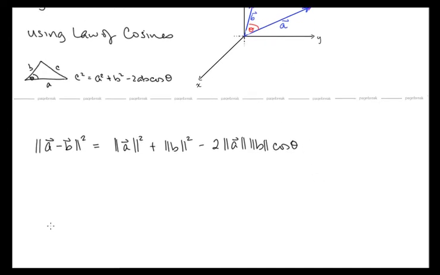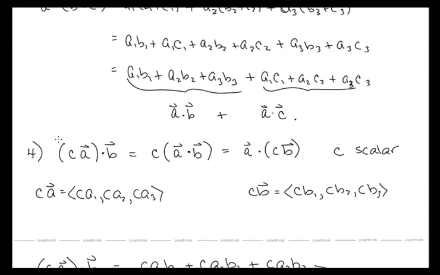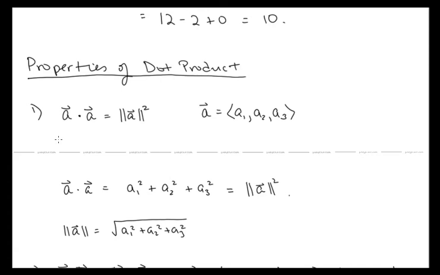Let's see how we can simplify this. Remember from our properties of dot product above, we showed that A dot A is equal to the length of A quantity squared.